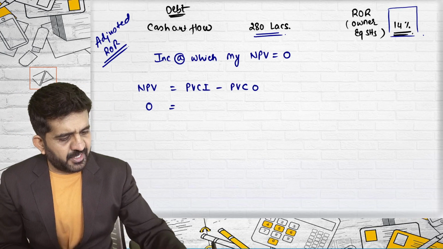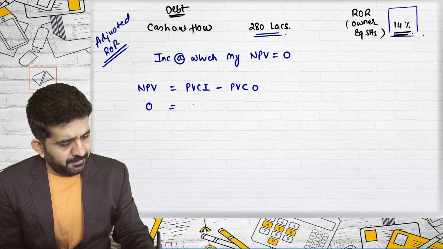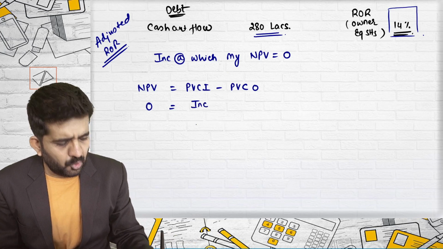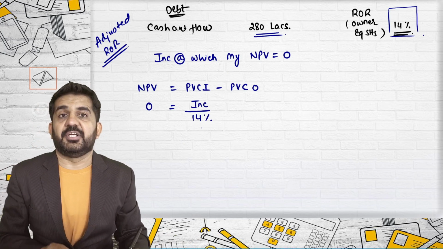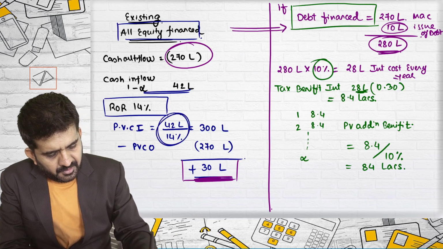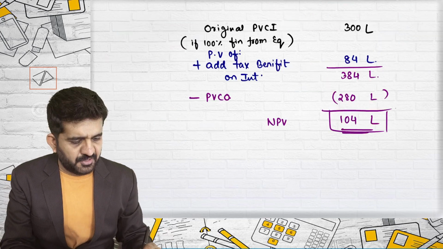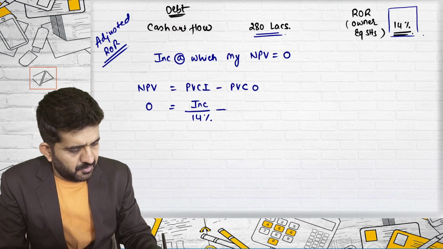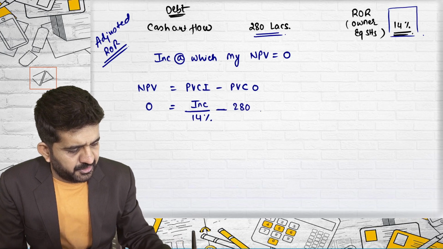Present value of cash inflow will be income divided by 14%, minus present value of cash outflow, which is 280 lakhs.